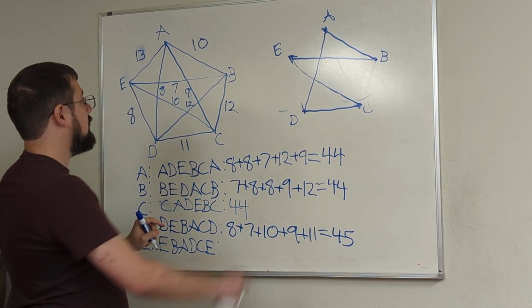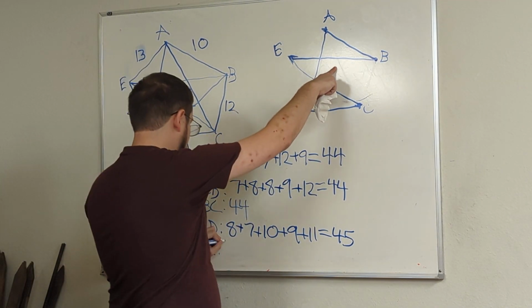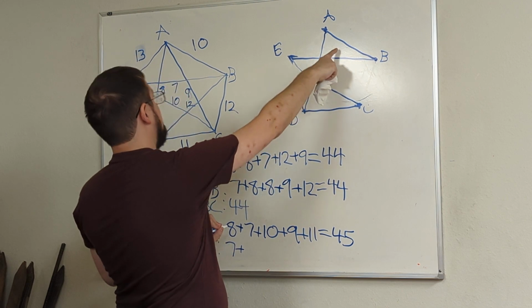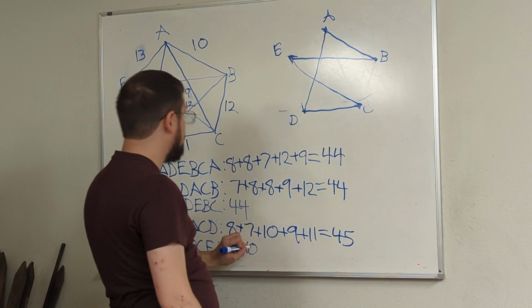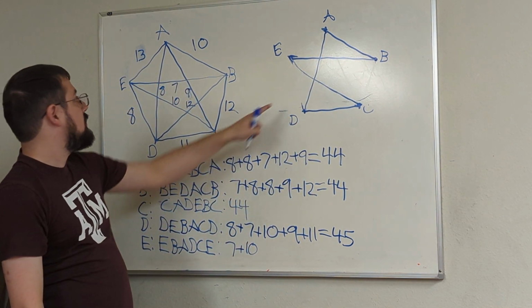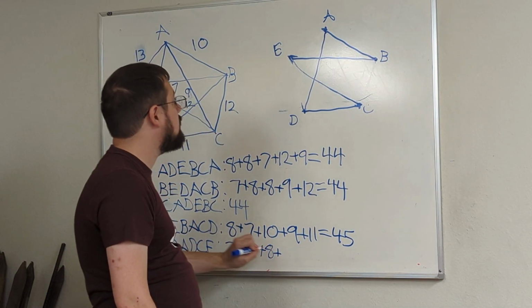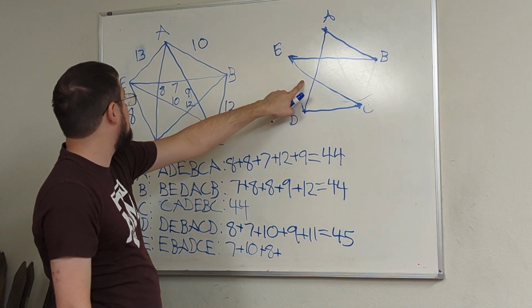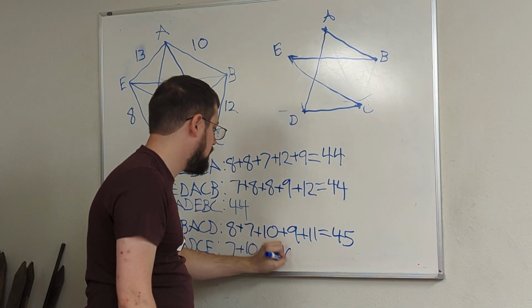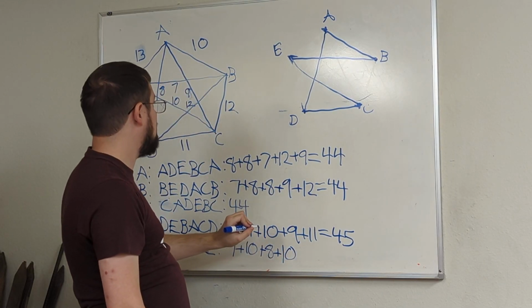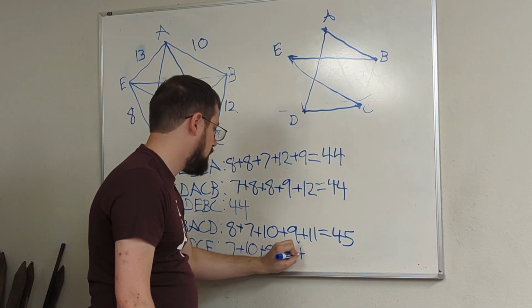So our weights are going to be 7 plus 10 plus 8 plus 10 plus 11.